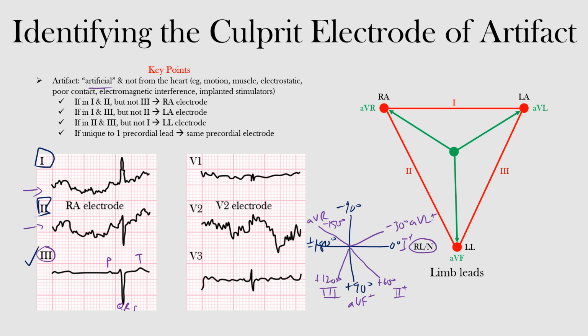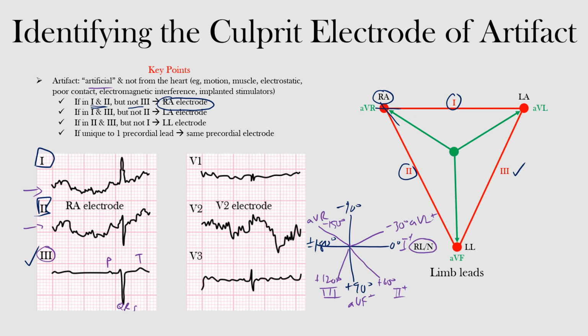Lead 1 has an artifact, and so does lead 2, while lead 3 is okay. What are both lead 1 and lead 2 intersecting at? Their common electrode is the right arm. So it's likely that the right arm electrode is the culprit for the artifact.